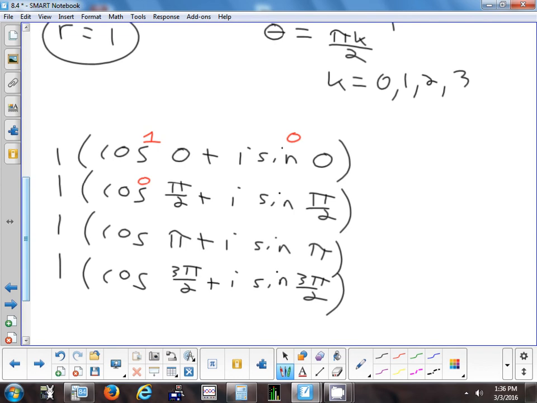And the sine of pi over 2? 1. The cosine of pi? -1. The sine of pi? 0. Cosine of 3 pi over 2? 0. Yep, back to 0. And the sine of 3 pi over 2? -1.